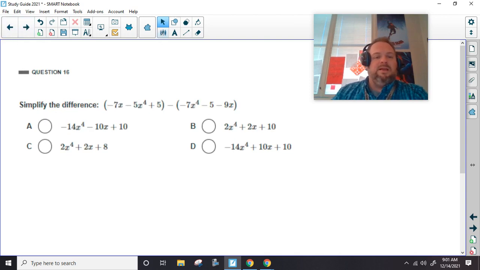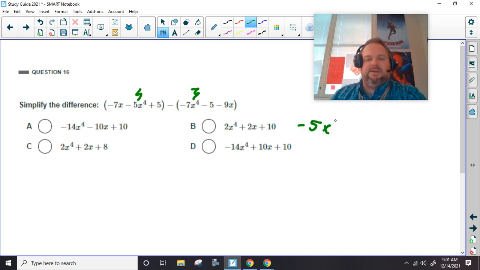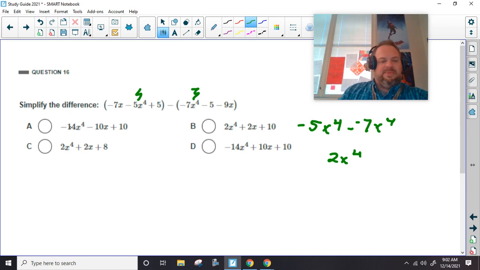So we're finding the difference. So this is x to the fourth. This is negative 5x to the fourth minus negative 7x to the fourth. That takes away these.